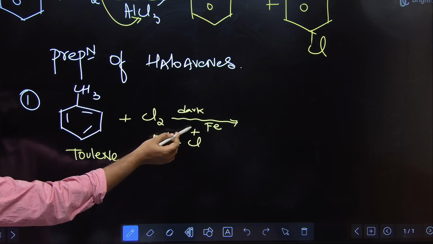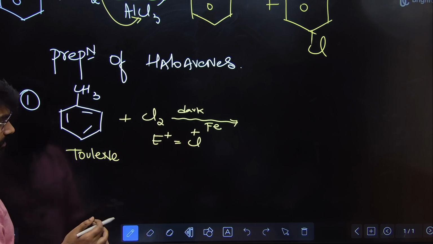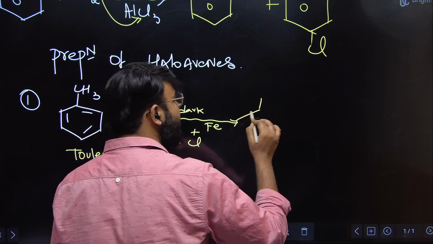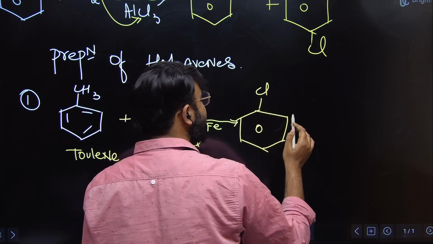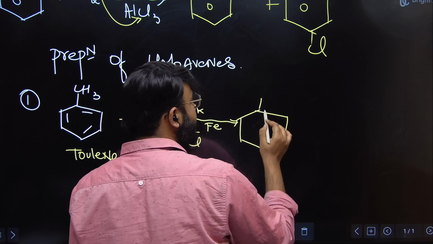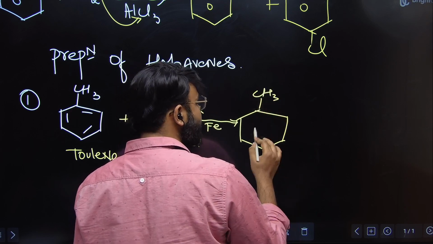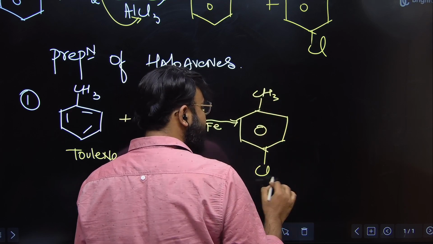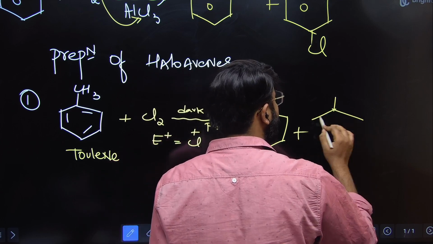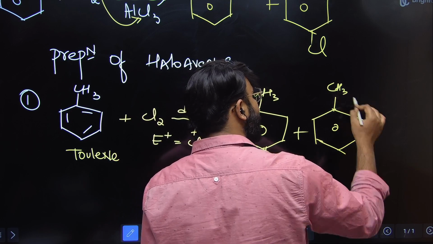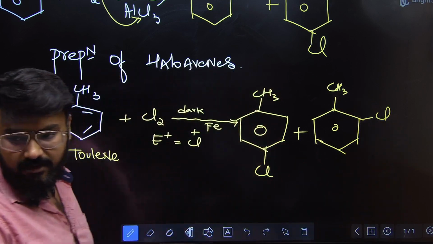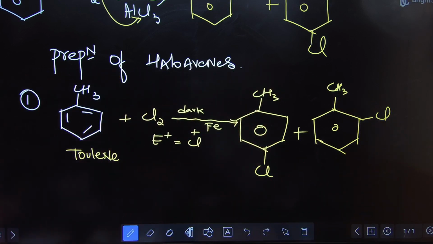So Fe will pull one Cl in the dark case. So the answer is, you will be getting this. Guys, please see this: CH3 and you will have Cl plus, CH3 and Cl. I hope it is clear. Is everyone clear?